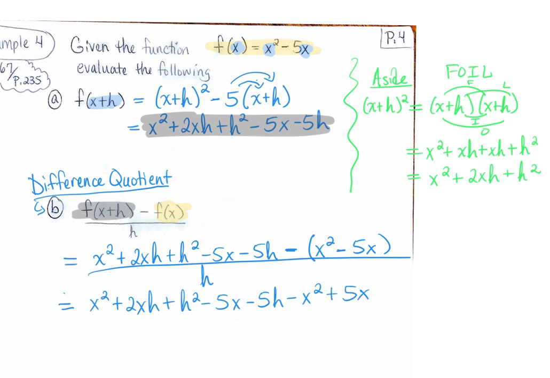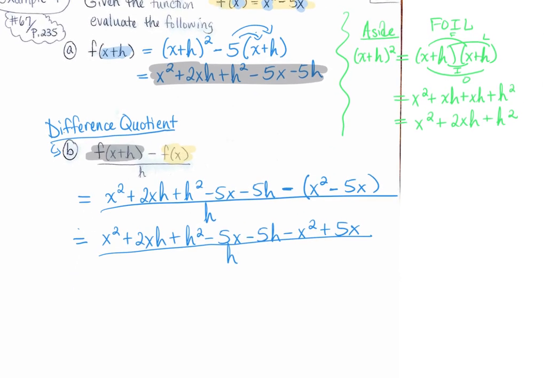Good. All of this over h. What happens in our numerator? Combine like terms. What happens as we look across? I heard the x squares cancel out and I heard the 5x's cancel out. Yes. Anything else?